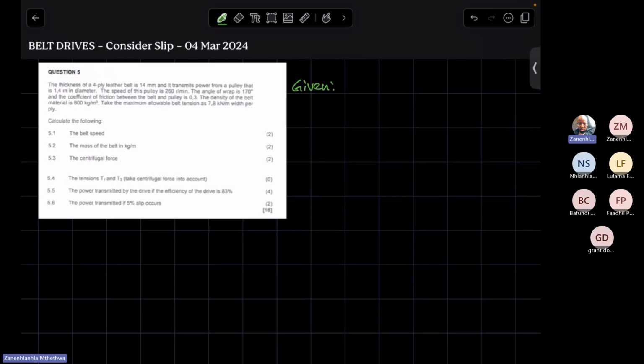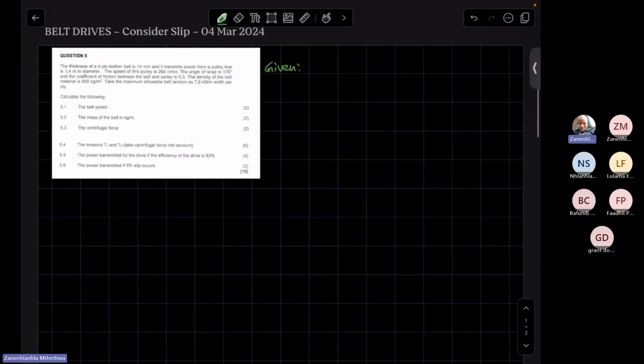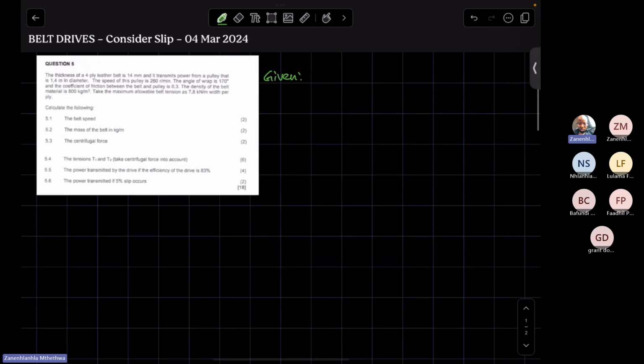So let's write down what we've been given. The thickness of the belt is 14 millimeters, which is 0.014 meters. Number of plies, which we denote as small n, is 4.